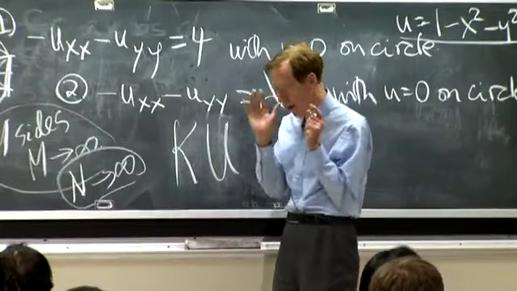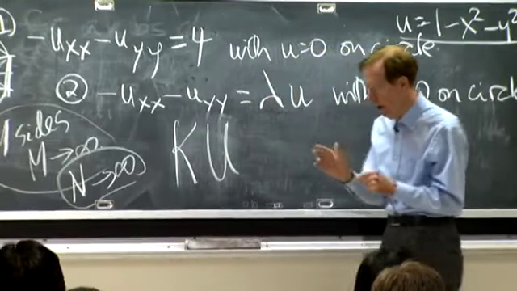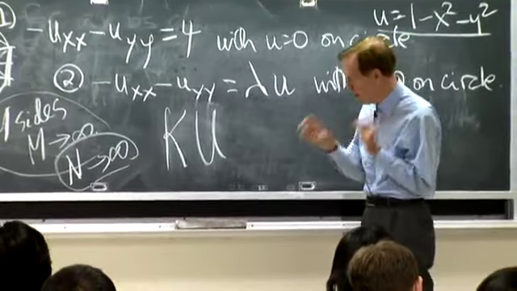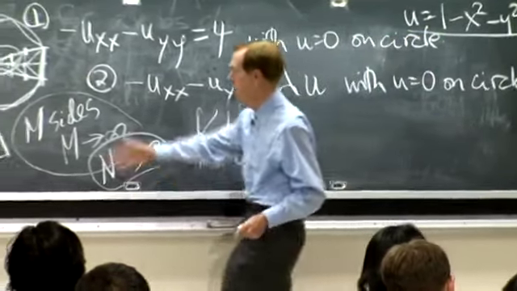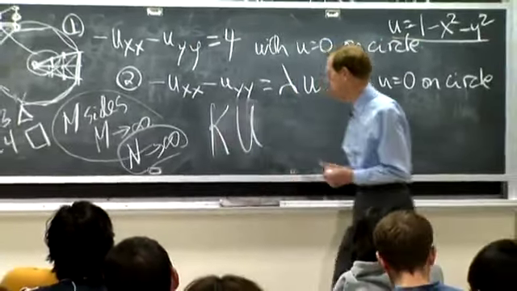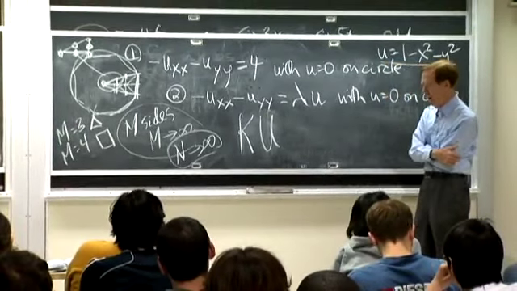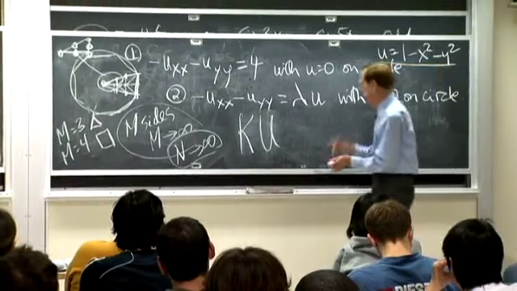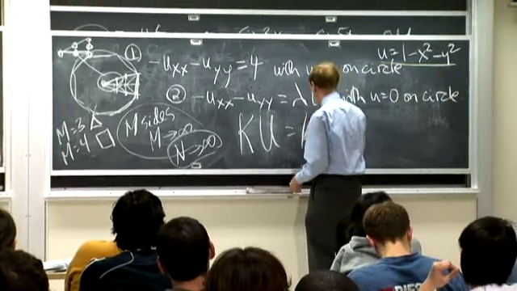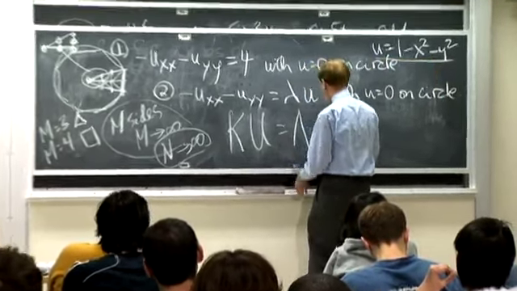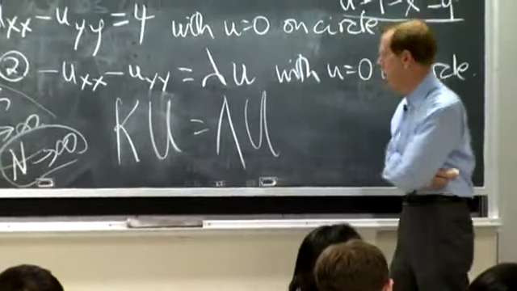That was one specific matrix for one specific mesh, and here we have a different mesh. Okay, if anybody was going to make a guess, they would say, okay, KU equals lambda U. Maybe I use capital lambda because I'm using capital U.